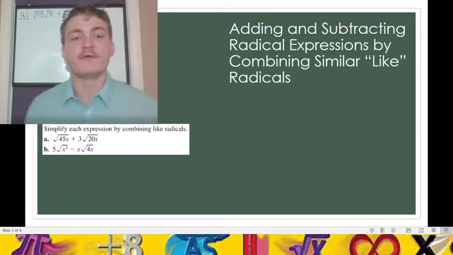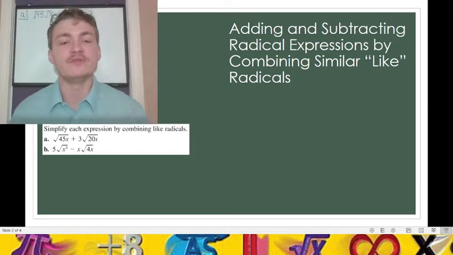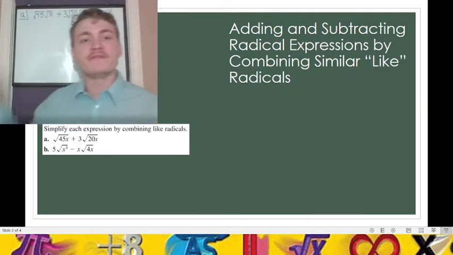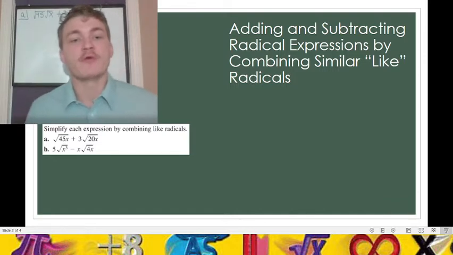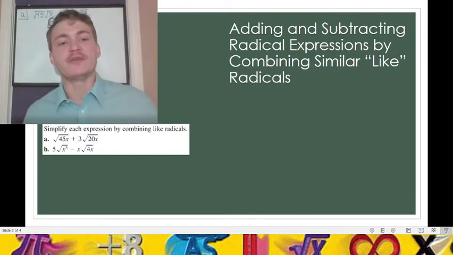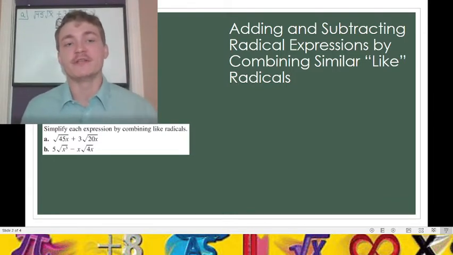For the product of 45 and x as our radicand, we use the product rule of radical expressions, section 1 of chapter 2. The square root of 45 multiply the square root of x, as our product rule for radicals states here. The square root of a times b equals the square root of a multiply the square root of b. For our factors underneath the radical, we can rewrite each factor under its own radical.